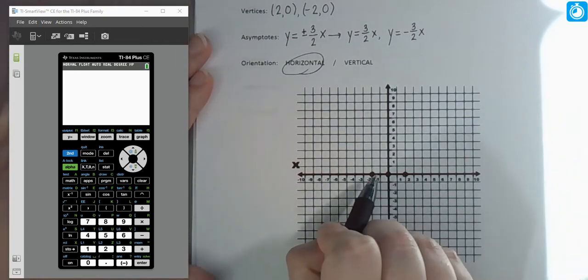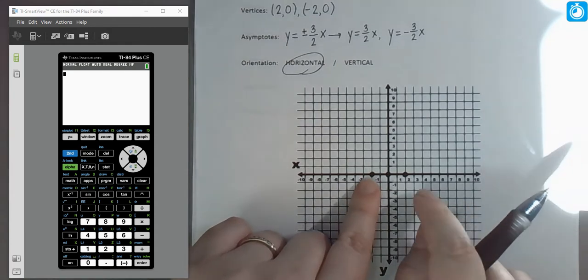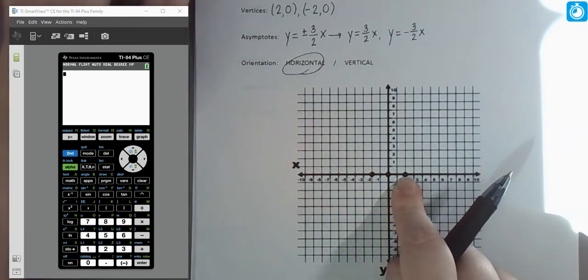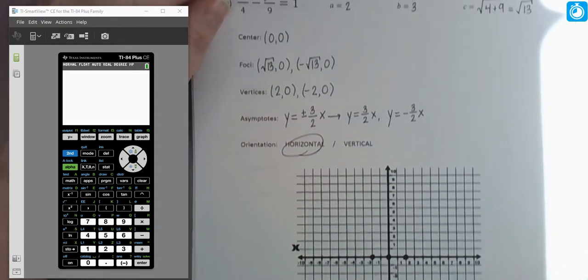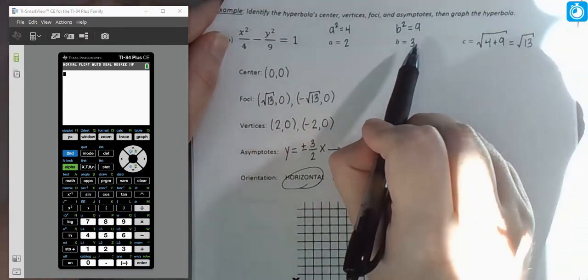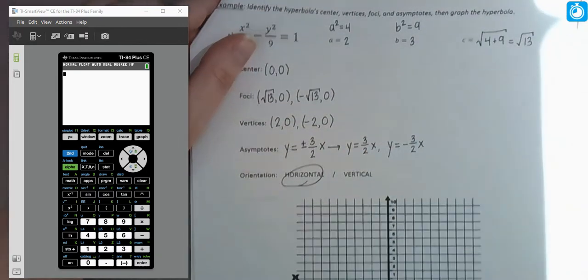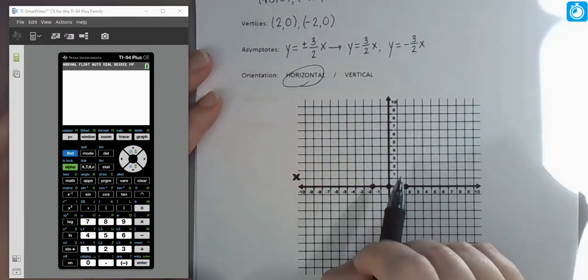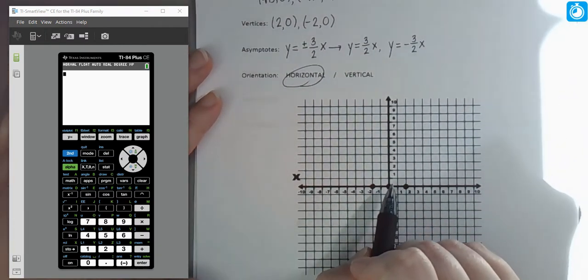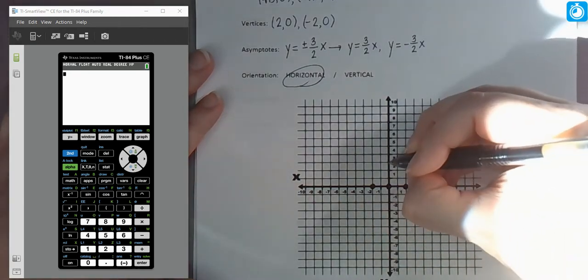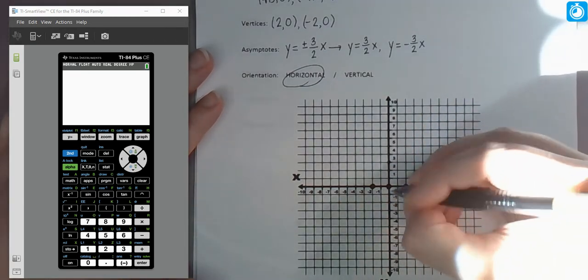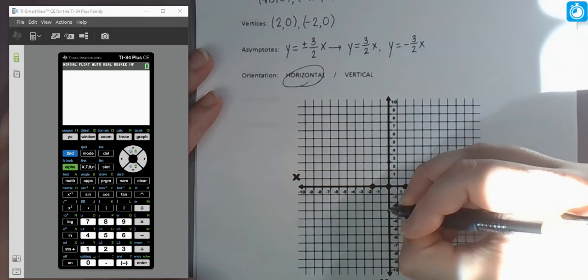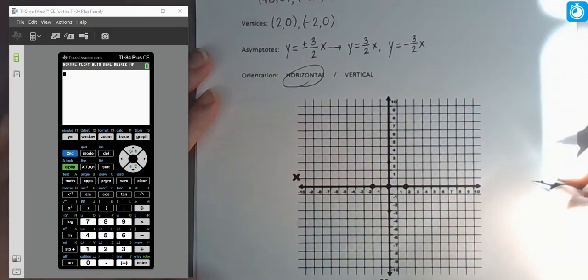So this is going to be the width of the box, the distance to go from one vertex to the other vertex. Now in terms of the height of the box, that's where we're going to use b. So here's how I recommend you do this. B was 3, okay, so from the center, the height of the box is going to be 2b. In other words, 3 units above, and then 1, 2, 3 units below.